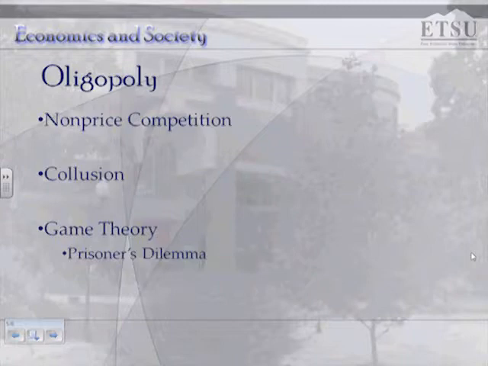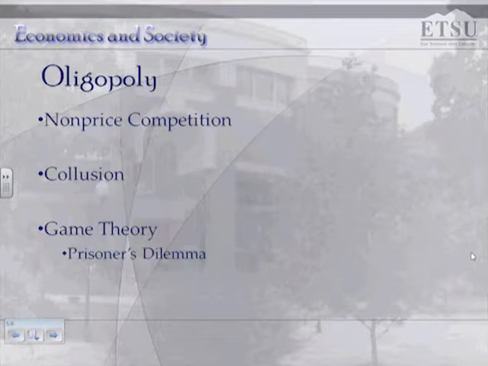There is the danger, though, that when there are only a handful of sellers, they can collude. And this collusive behavior will be when the firms get together and say, instead of competing with one another, let's act like a monopoly.